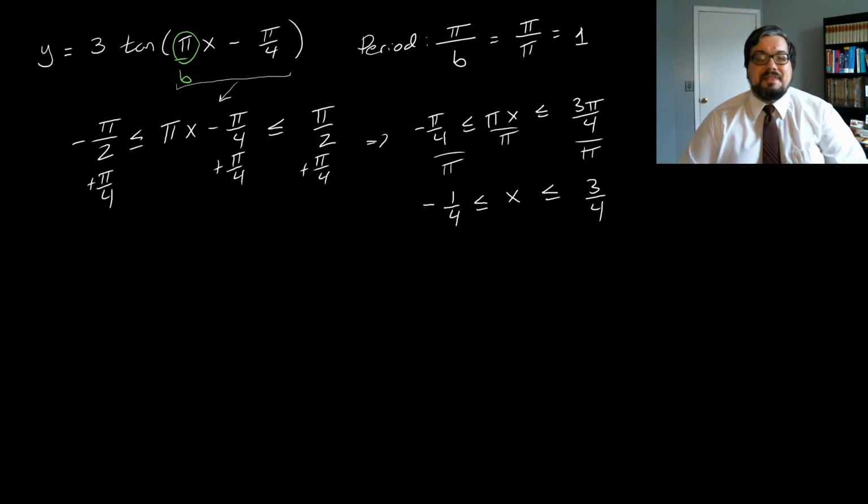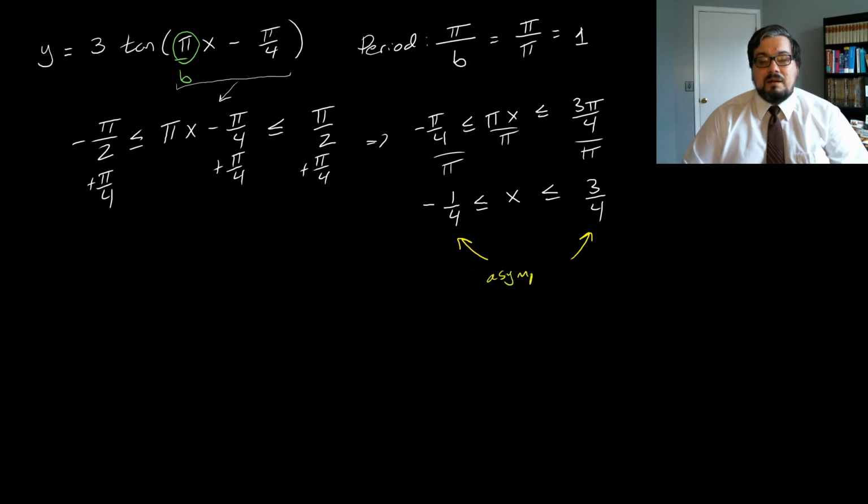That tells us that this function accomplishes one cycle on the interval from negative 1/4 to 3/4. In particular, this tells us that negative 1/4 and 3/4 are where we have asymptotes.